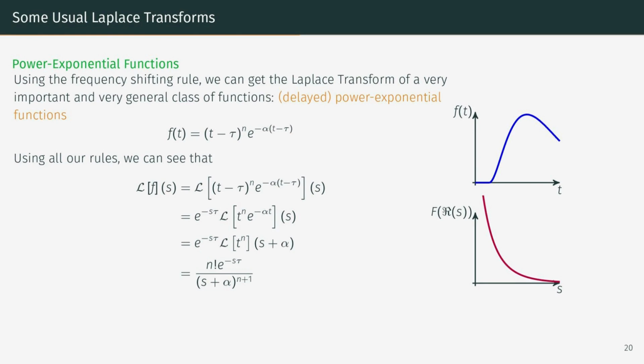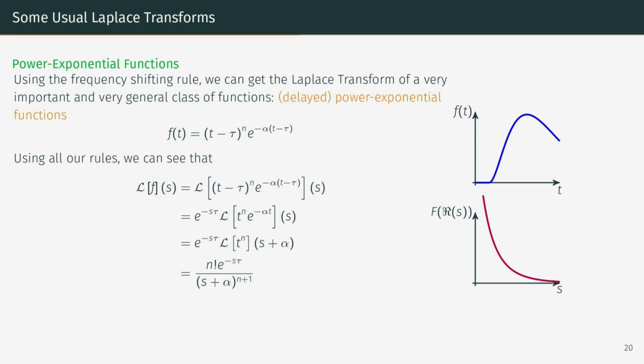Inserting the function into the Laplace transform results in e to the negative s tau times the Laplace transform of t to the n e to the negative alpha t. This can be rewritten as e to the negative s tau times the Laplace transform of t to the n of s plus alpha.